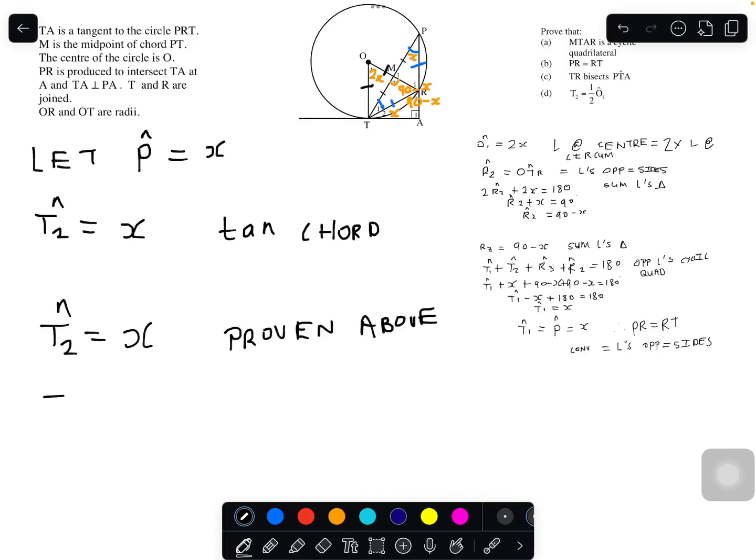We can say that T1 equals x, proven above. Then you'll have therefore T2 equals T1. And that basically means the angles do bisect each other.